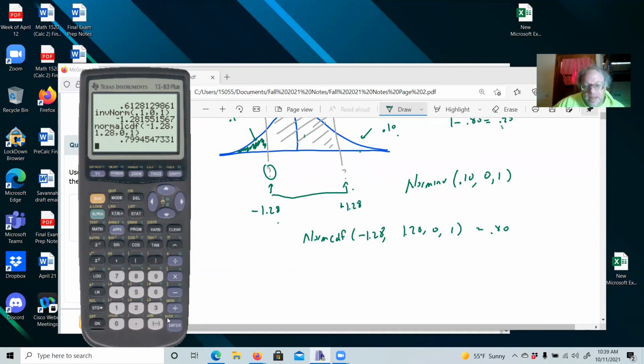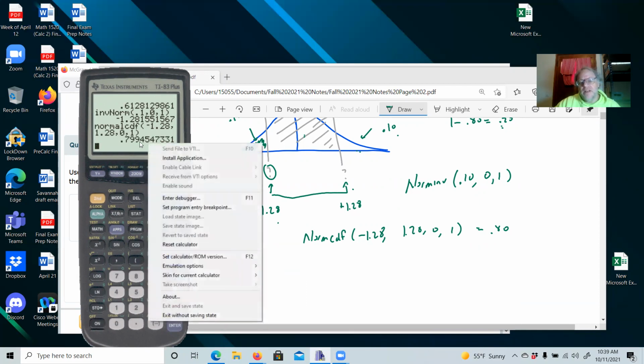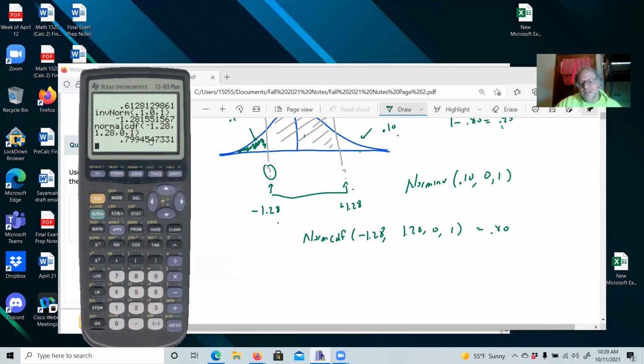It equals 0.79945. So not quite 0.8, but really, really close. I'm happy that we are bounding the middle 80% with these two numbers.